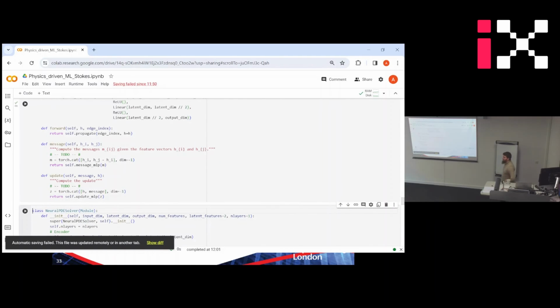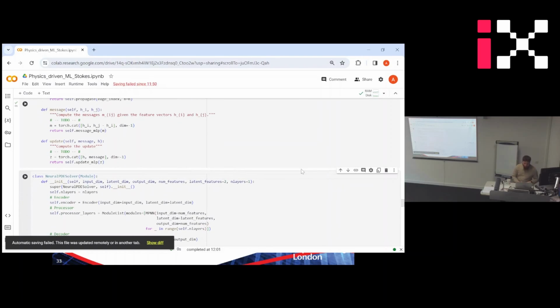Yeah, I think I should have organized my code better because it was initially supposed to be an exercise, but hopefully you still get some useful things out of it. So we just concatenate and then we apply the MLP.